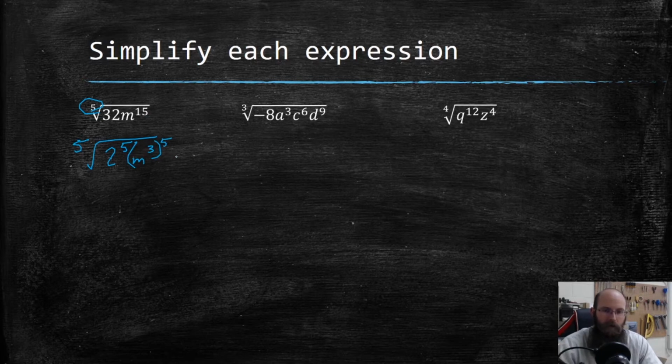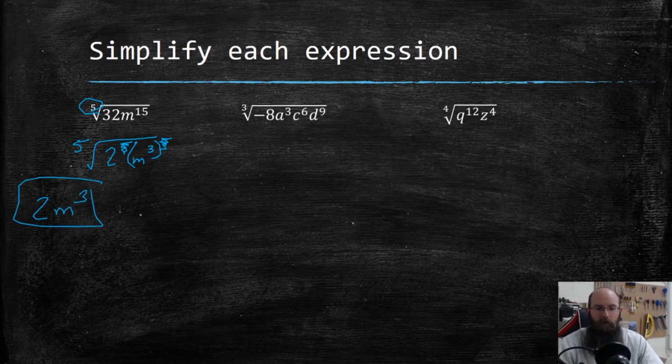That ends up being the same thing. We're going to do this a couple of ways, but I want to show you this one. So 2 to the 5th, and then the 5th root of it. I'm going to then bring out just the one normal 2, because that 5 will cancel with the 5 out front. And this 5 will cancel with the 5 out front and just give me m cubed.